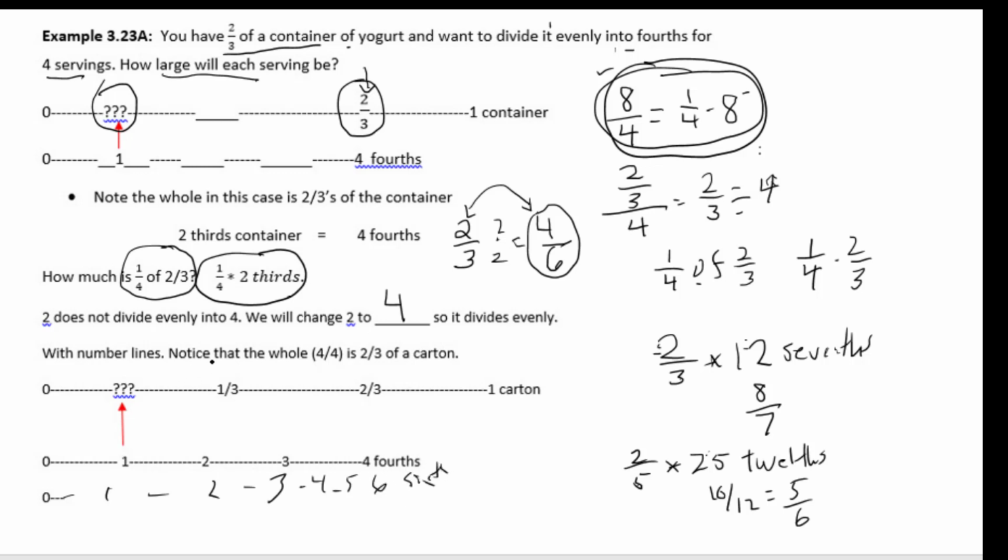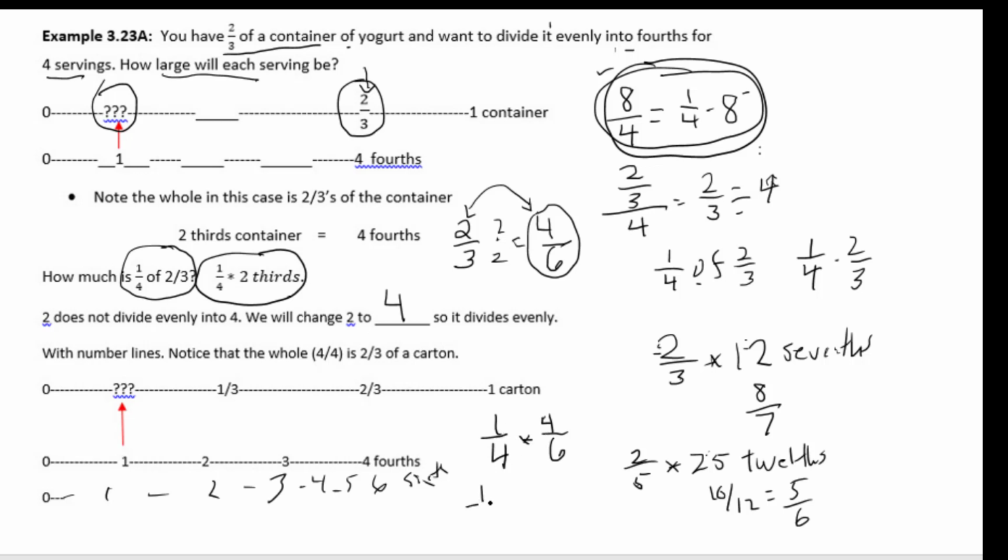And let's see what we get. So I have 2/3. I want 1/4 of 4/6. 4 divided by 4 is 1. 1 times 1 is 1.